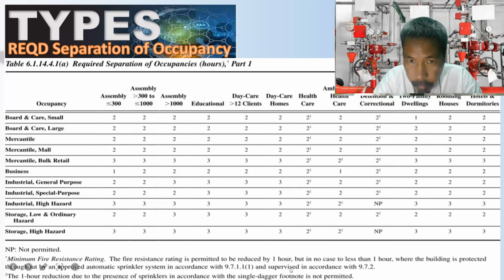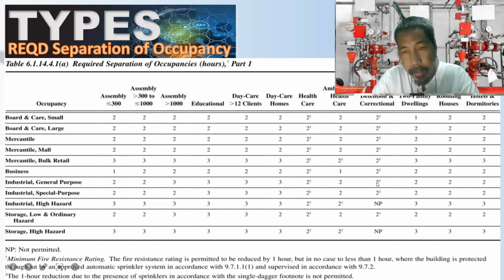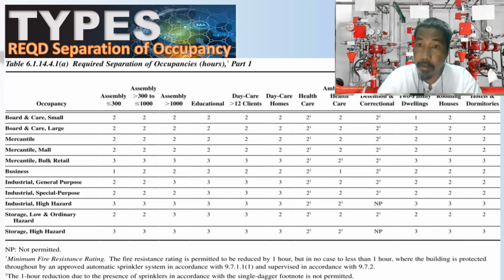So here, double dagger symbol. Reduction of 1 hour is not permitted. So it's important to read those footnotes.